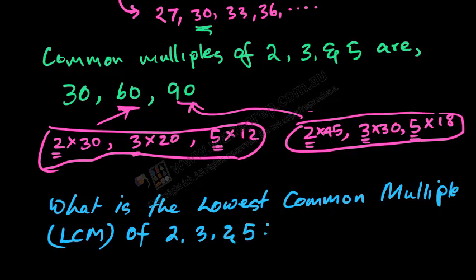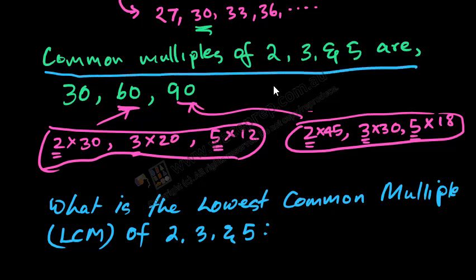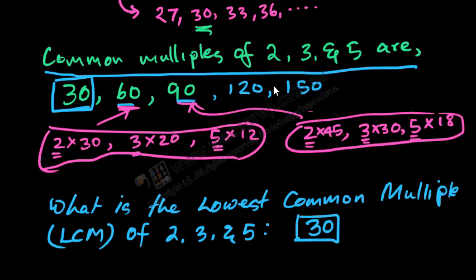We've already done this when we were doing the common multiples, and in this case we see that the common multiples of 2, 3 and 5 were multiples of 30. So 30, 60, 90, and perhaps 120, perhaps 150 as well. But which one is the lowest? 30 is the lowest, and that's why 30 is our answer to this question.